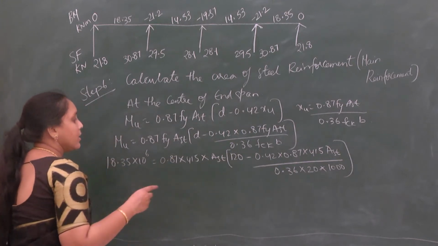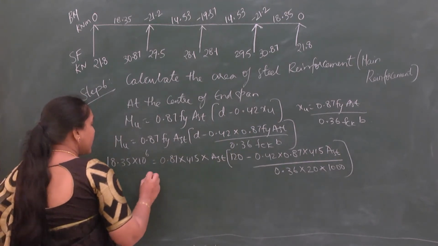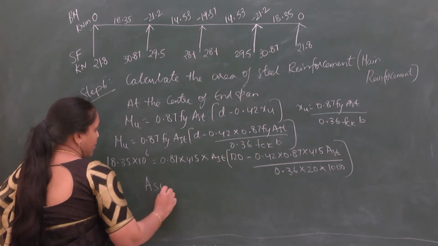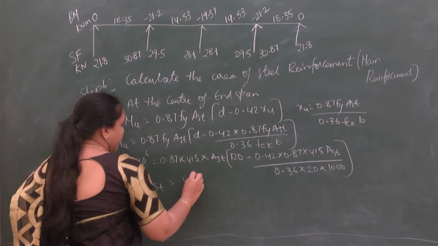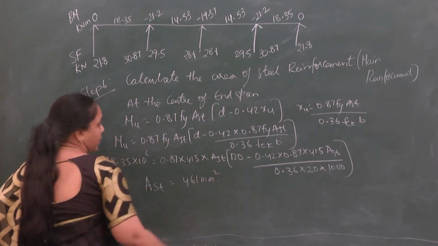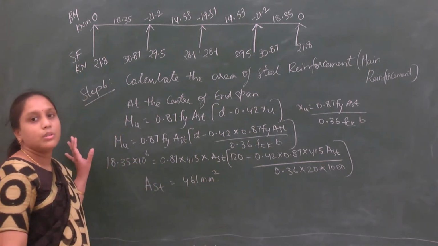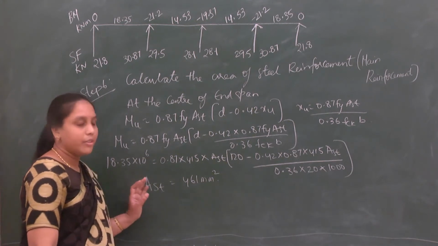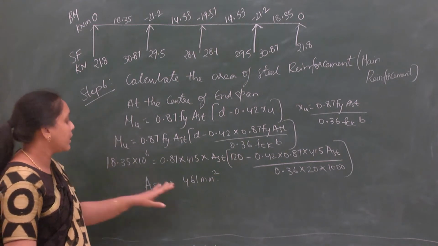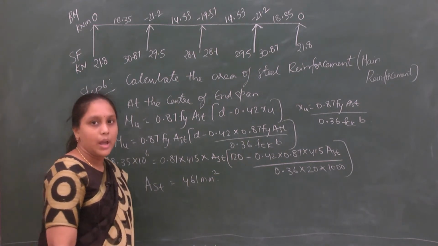If you solve this particular equation, you will get a value of AST as 461 mm square. So what is the area of steel required for carrying this particular bending moment Mu? It is 461 mm square.